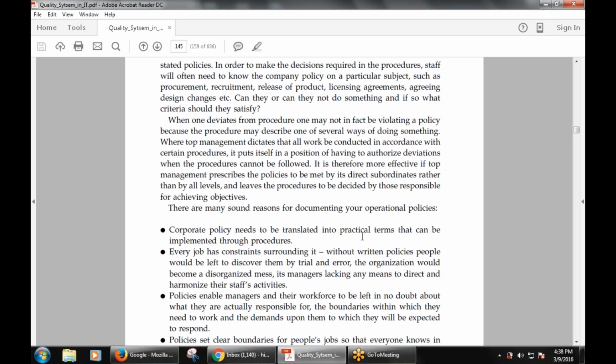Without written procedures, people would be left to discover them by trial and error. That would become a disorganized mess, lacking the means to direct and harmonize the staff activities. Every job has some constraints that are used to lead the procedures.